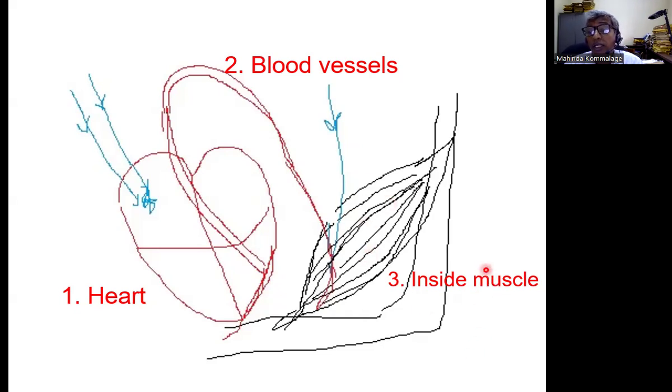Externally, we cannot regulate it. So inside the muscles, there are some other local regulatory processes, right? So these three broad processes you will study and understand in this lecture, right?